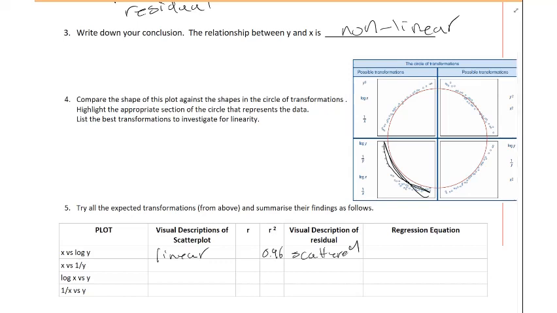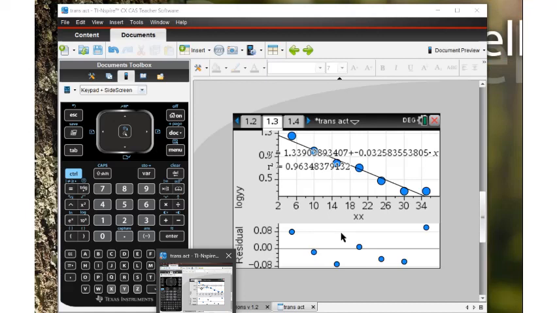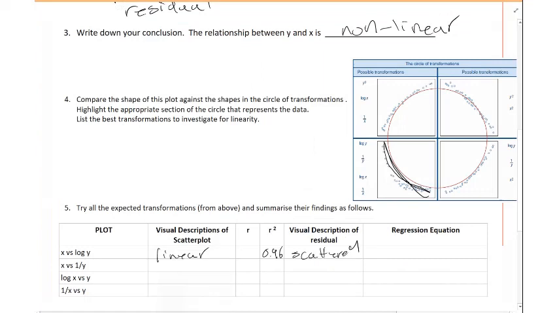0.96. And my equation is, in this case, 1.34. It's log y, I should write it as not y equals, because you've got to be careful with that.